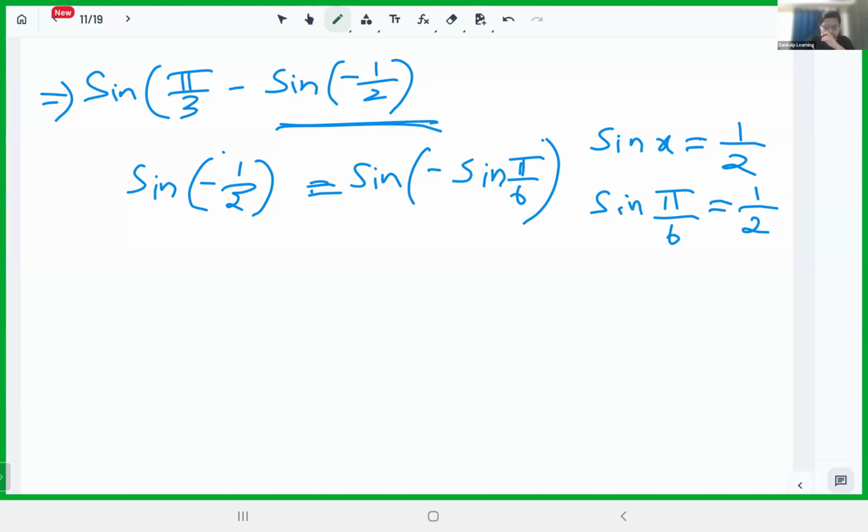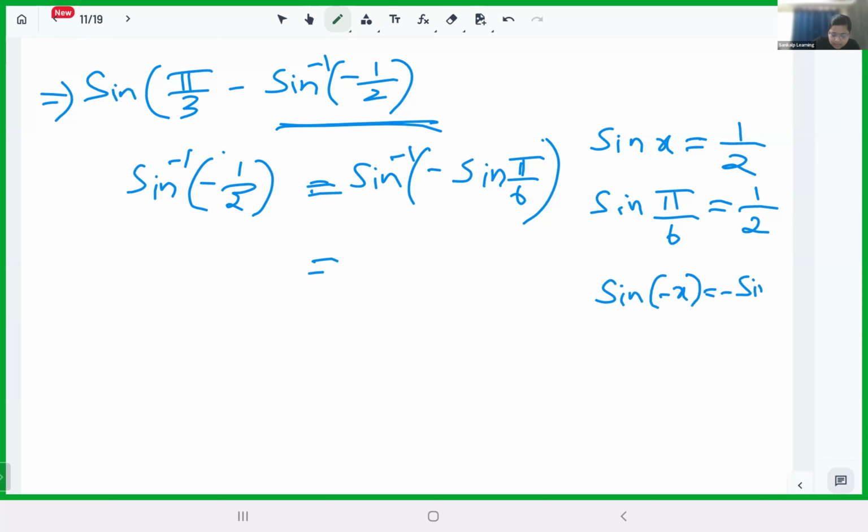Sine minus 1 by 2 can be written as sine of minus sine pi by 6. Sorry, it is sine inverse actually. This one is sine inverse. And we know the property of sine, that sine of minus x can be written as minus sine x.